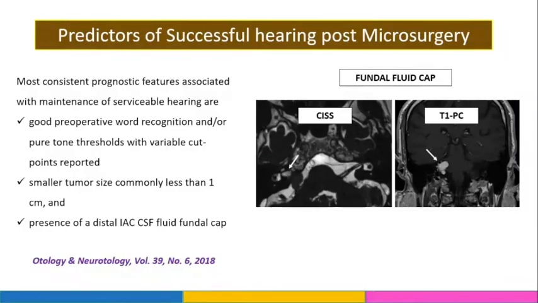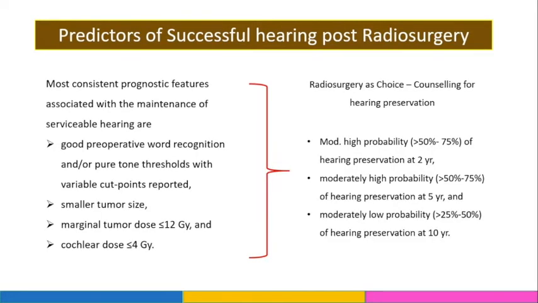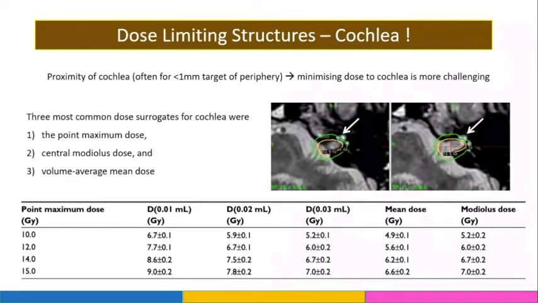And I think the other predictors of success for microsurgery, such as a CSF cap in the meatus, something similar probably also applies even to radiosurgery. And if you can see the cochlea very well, and if you can give a dose of less than 5 gray to the cochlea, you have a better chance of preserving the hearing.